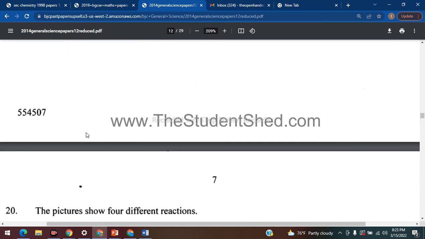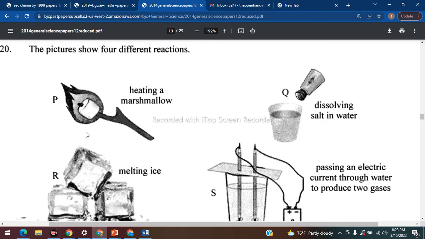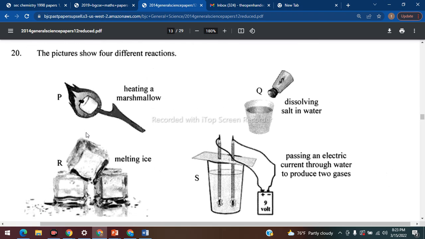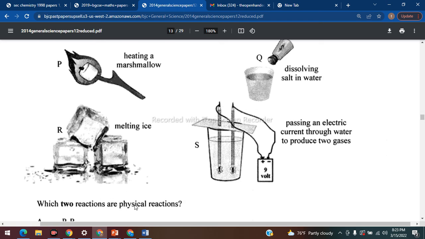Number 20. The picture shows 4 different reactions. They love to bring this type. I bet they can ask which is a chemical change, which is a physical change. Let's see. C? Very good. They always ask these questions.